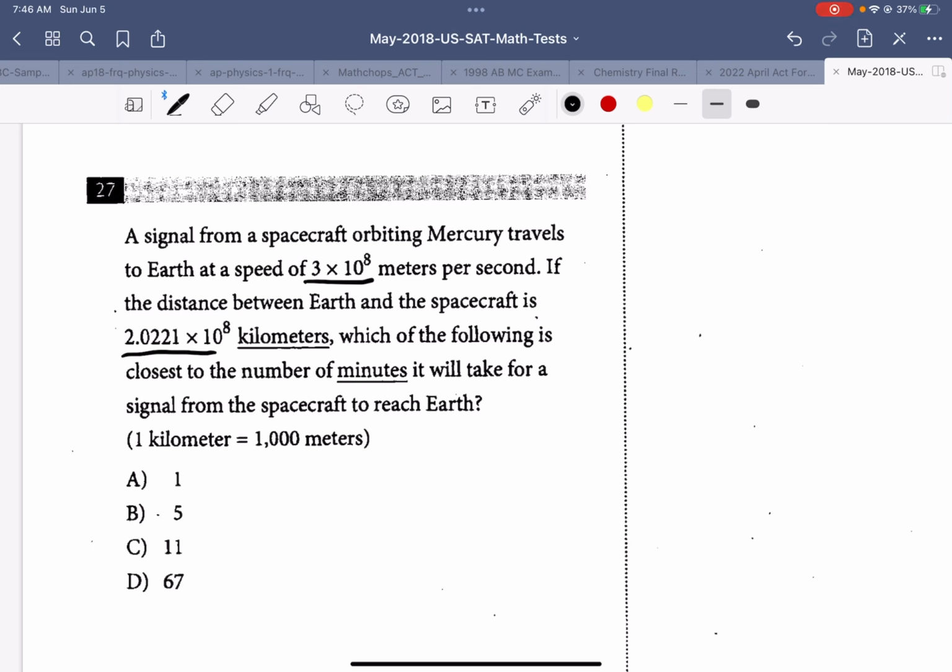So for this problem, you can use dimensional analysis. I'm going to start from the distance, 2.0221 times 10 to the 8 kilometers. Okay, so 1 kilometer is 1,000 meters. They gave you also the unit conversion.